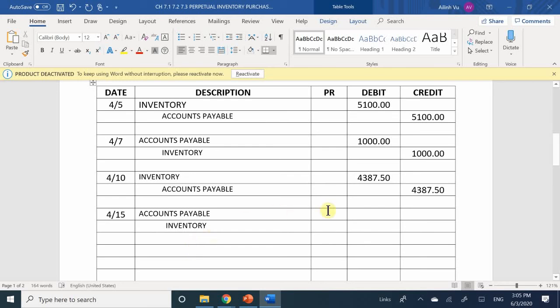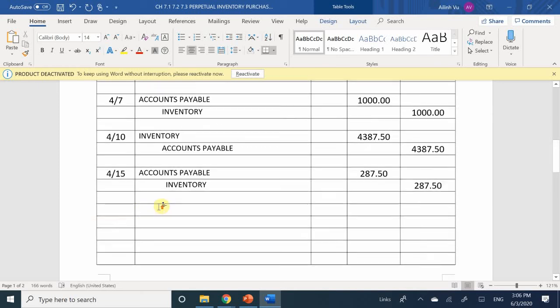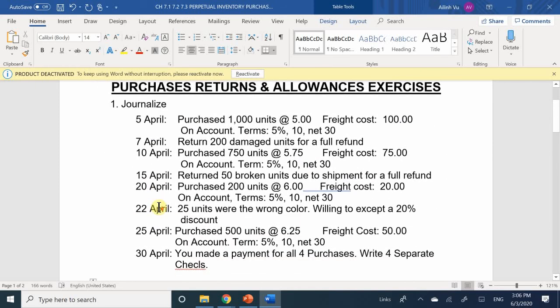And then inventory for $287.50. So just $287.50. Okay, we're going to go on to the next page just because I don't want to cut it too short. Actually, I think I could squeeze it in here.